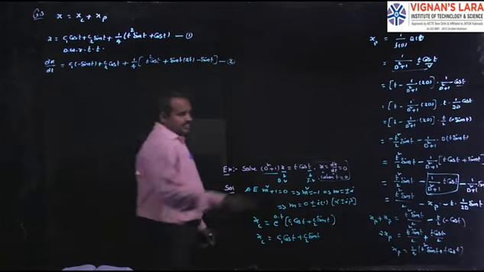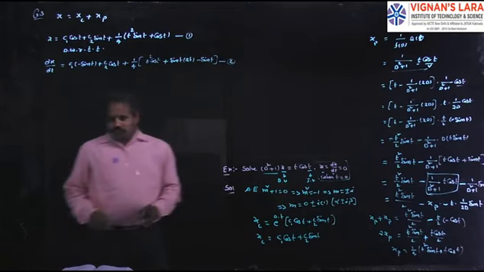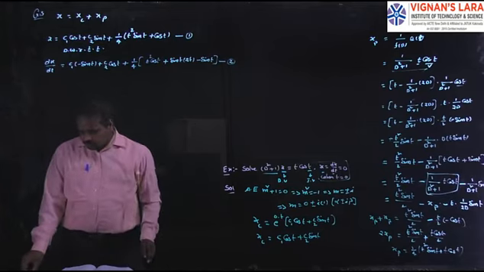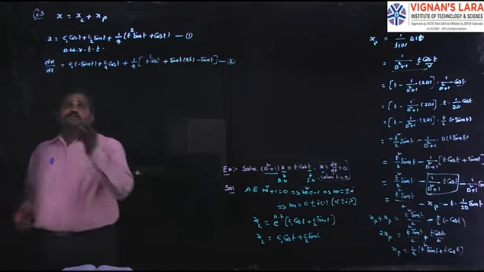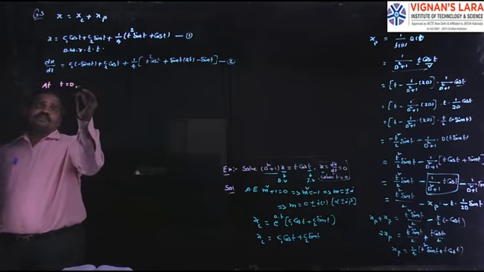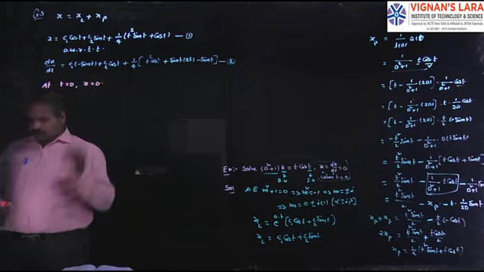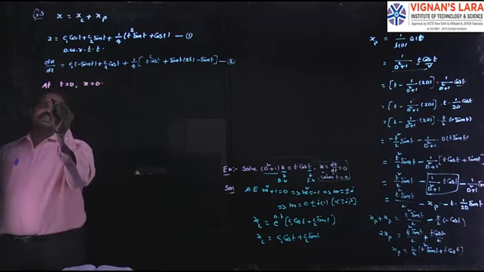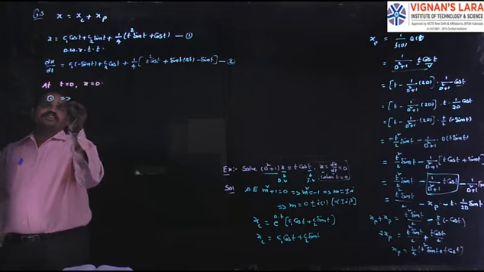What is the first condition? When t is equal to 0, x value is 0. This is our first condition. So, by using that condition, substitute those values in equation number 1.